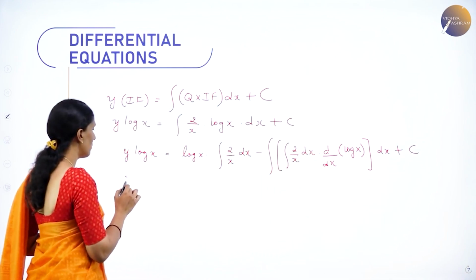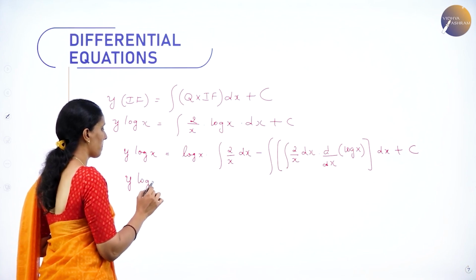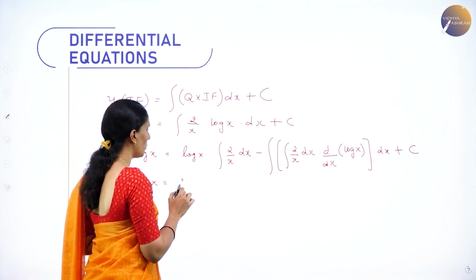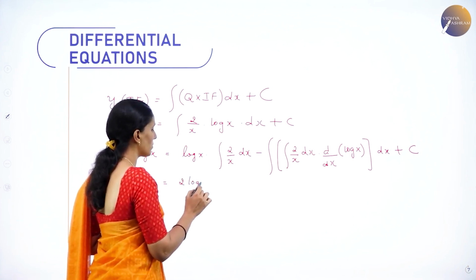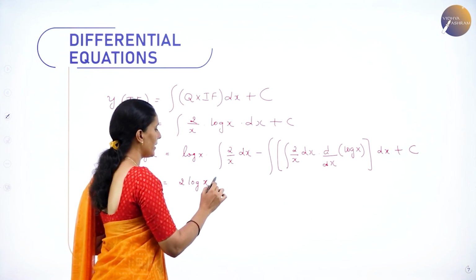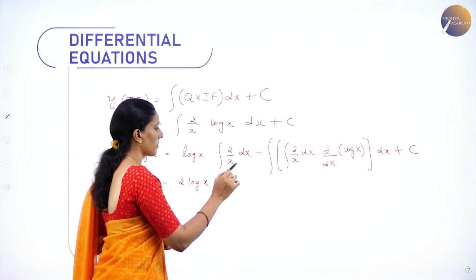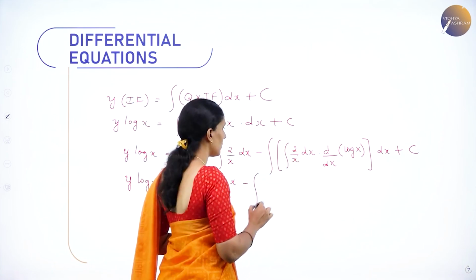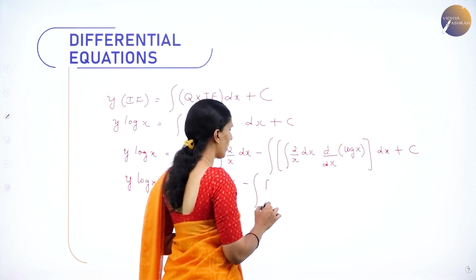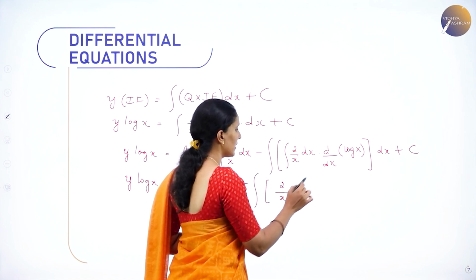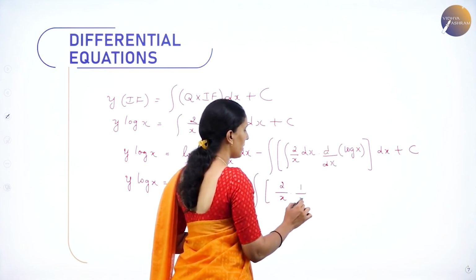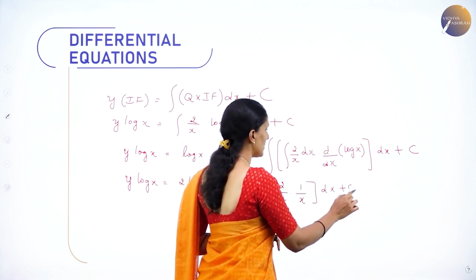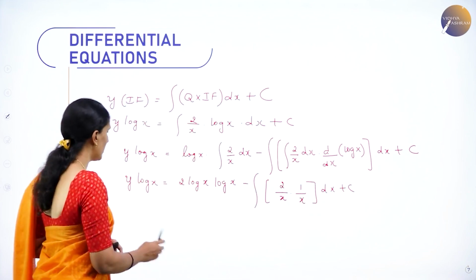So now I have y log x. 2 is constant, I can write it as it is here. So 2 into log x outside, integral of 1 by x dx is again log x. So next I have minus integral of 1 by x here. 2 I can take it outside or I can write there only 2 by x. And the derivative of log x is 1 by x, with respect to dx plus c.